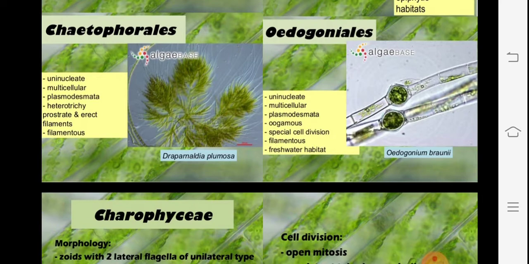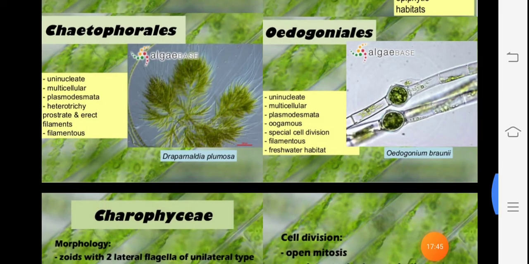It shows a uninucleate, multicellular body with a reticulate chloroplast. So the nucleus is only one per cell. Oogamous condition and special cell division are there. It is filamentous, right?